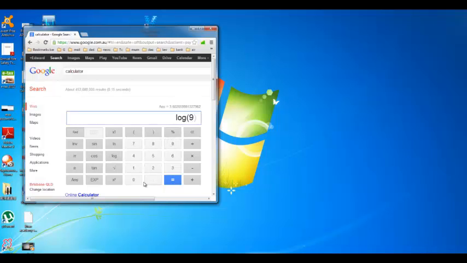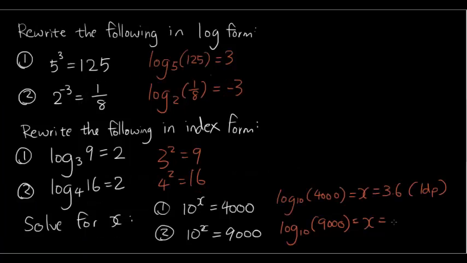Log 9,000, 3.95, so that's 4.0, 1 decimal place. Okay, so if you did these successfully, then you can continue with the rest of the lesson.